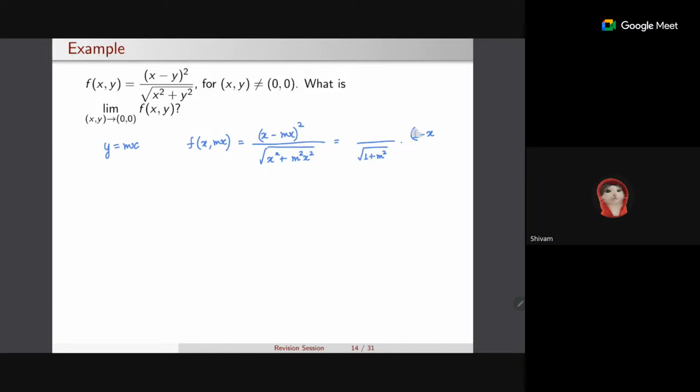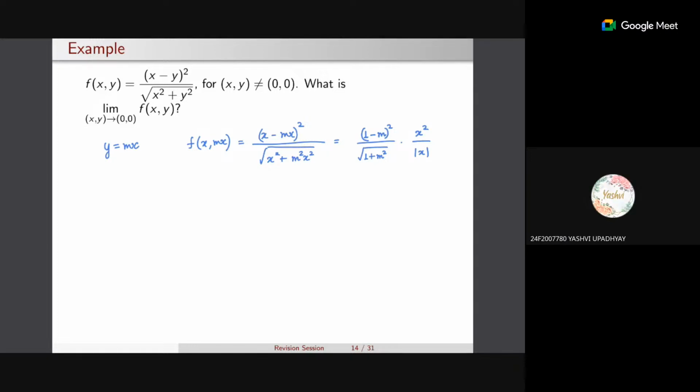No, this is wrong. This is (1 minus m) the whole squared times x squared, divided by x. This is correct, right? I've just substituted y is equal to mx and simplified. This is fine.